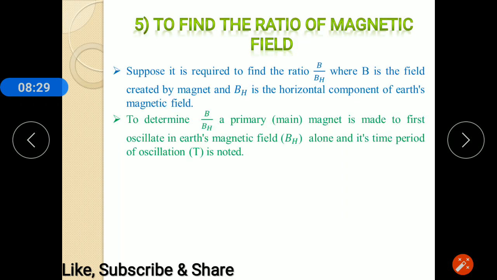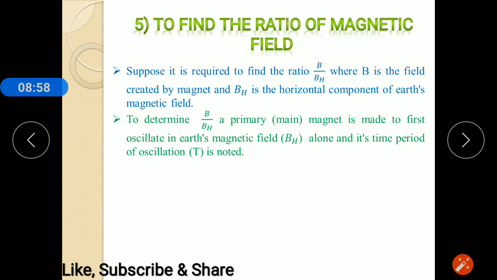Next, another application of the vibration magnetometer is to find the ratio of the magnetic field to the earth's magnetic field. Suppose it is required to find the ratio B by BH, that is the magnetic field by the earth's magnetic field, where B is the field created by a magnet. If I place the other magnet near that short bar magnet, B is created, and BH is already present, the horizontal component of the earth's magnetic field.